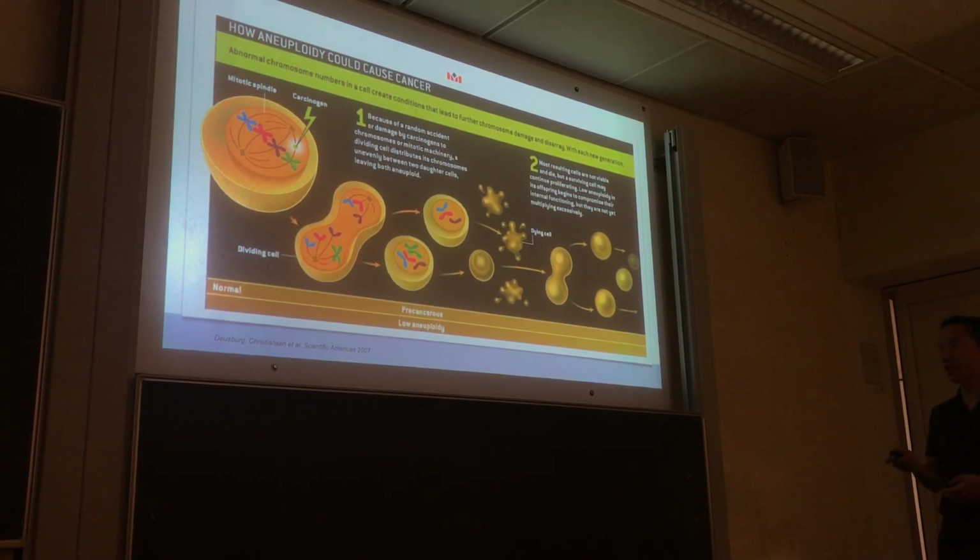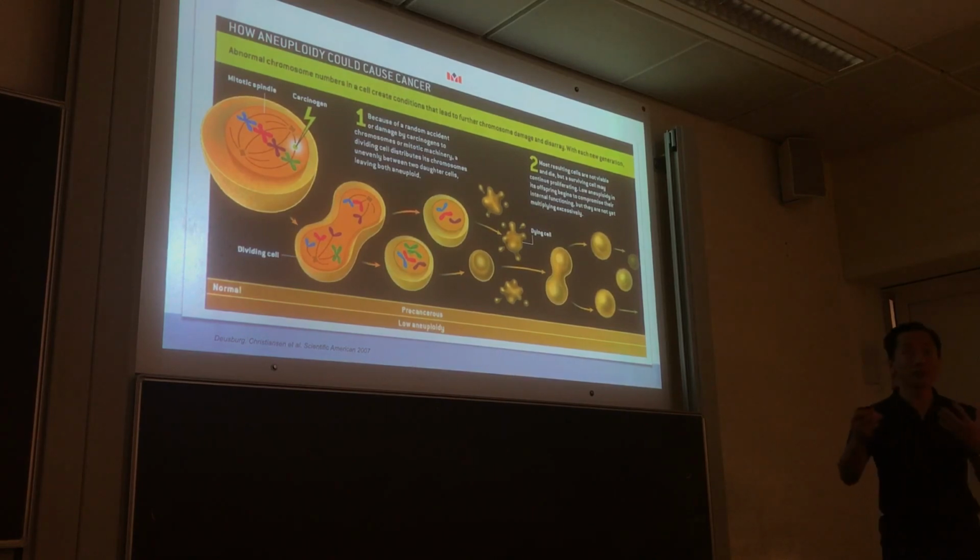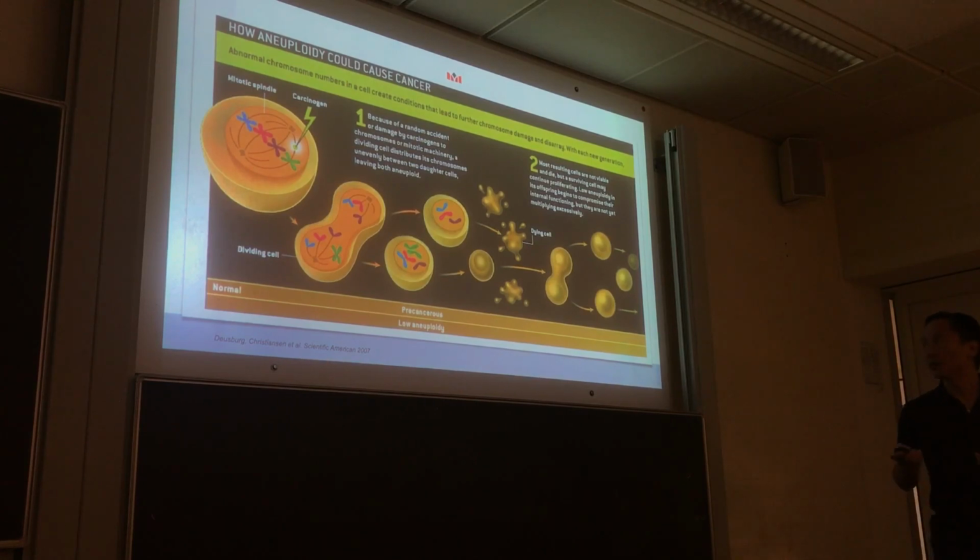In the end, here we have the cell division, and in one cell we have too few chromosomes, and in the other cell we have too many chromosomes. Many of those die because we suddenly have a situation in a cell that just doesn't work. We're not able to have the genes which we need to actually survive as a cell, so they just die.